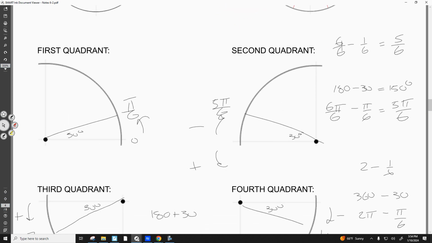In the first quadrant, adding 60 degrees to 0 is just adding pi over 3 to 0 radians.